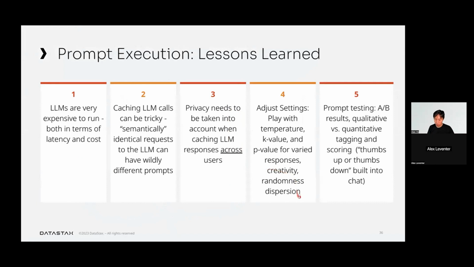To reduce hallucinations, there are a lot of settings in the LLM, like the temperature, the k-value, the p-value, etc., that you can play with to see whether the answers are correct. And last but not least, before you roll out, you need to capture qualitatively whether these are good conversations or bad conversations.